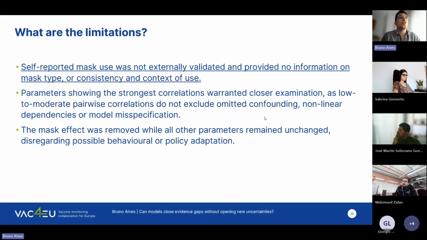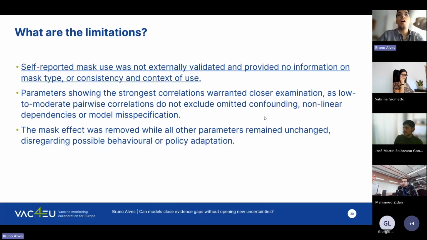The authors assumed that there was no dependency of the self-reported mask use parameter on other parameters, so they did not do any further studies on this, but I believe it would be very interesting to do some studies regarding this.